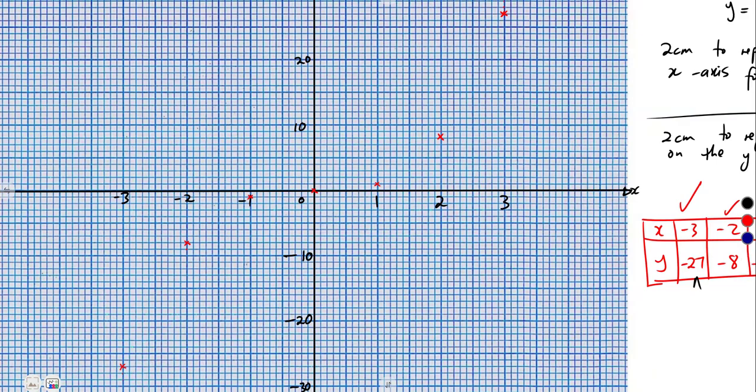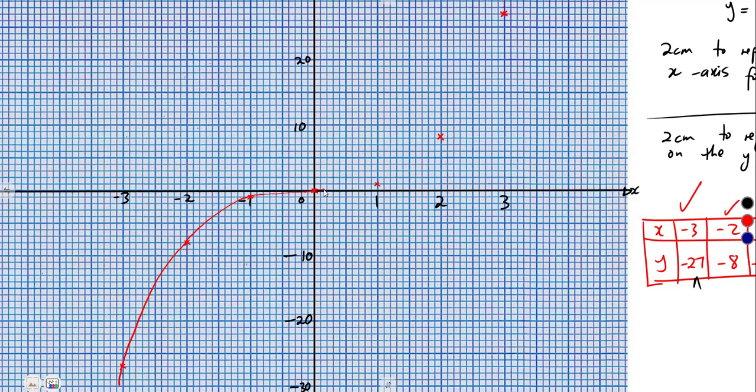So just like before, you use your freehand, join the points smoothly. You must produce a curve. So here is just below the x-axis. Oh, here, below the x-axis. All right, then it reaches the 0.